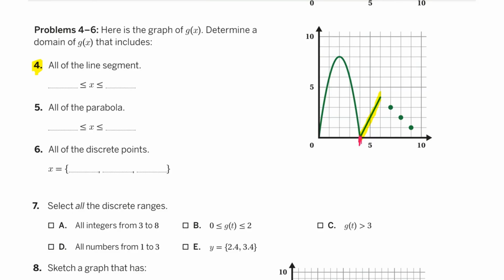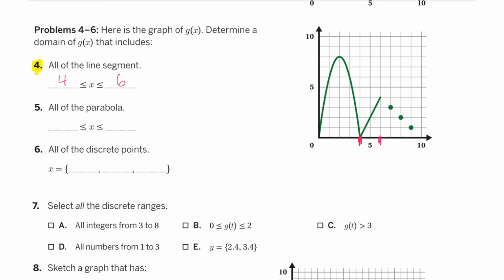So the line segment starts right here, and it looks like it ends at the x value of 6. And so when we're looking at this, we can kind of see that we're looking at x values. And so we really want to say, okay, it starts at the x value of 4, that line segment, and ends at the x value of 6. And so our line segment goes from 4 to 6.